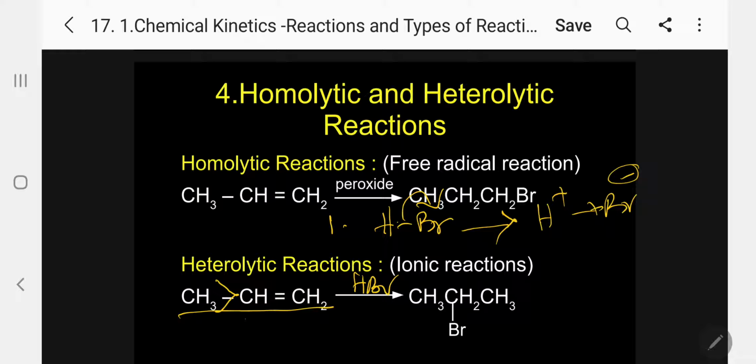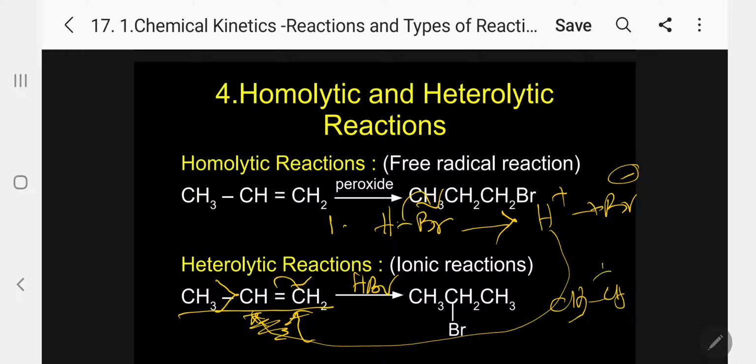Kindly follow. This is plus, this is minus, polarized. So automatically H plus will attack first, the negative one, producing CH3 CH plus CH3. And then at the second place, Br minus attacks the CH plus to form 2-bromopropane. Kindly follow. So the first step produces H plus and Br minus.